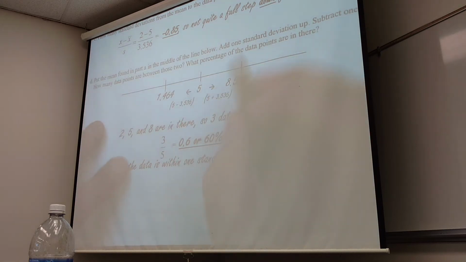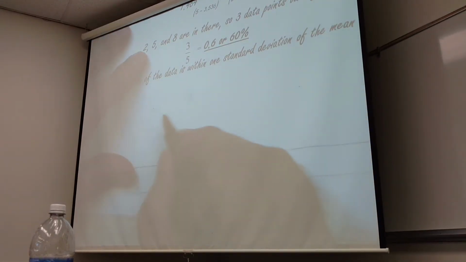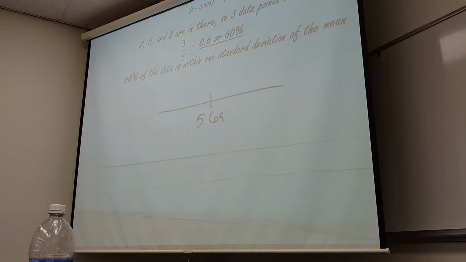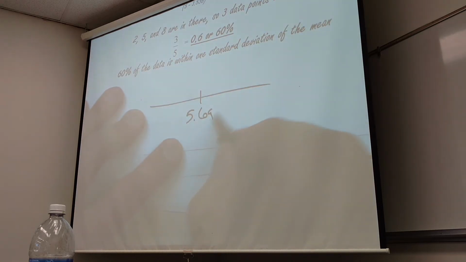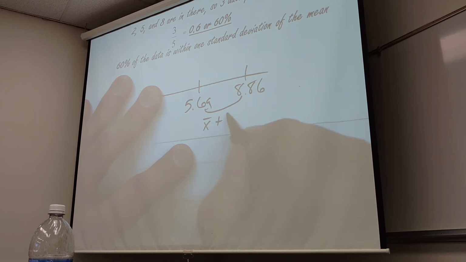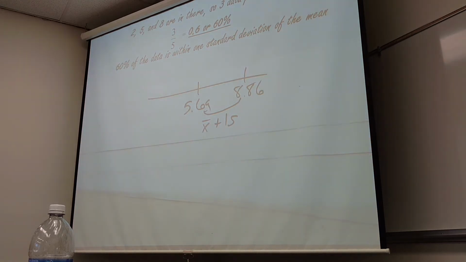So what mean did we figure out from our data? We found the mean was 5.69, right? From the data we did the other day. If I take one step up, we just did that a second ago, we got to 8.86, right? Remember that? If I take an x bar and I add one standard deviation. Is that terminology cool? Start at the mean and go up one standard deviation.